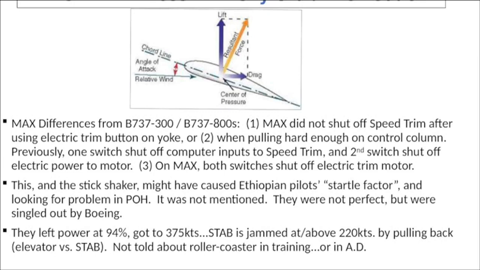In the training for the 737-200, back in the day, the manual used to have a section about the roller coaster maneuver. Because if the stab gets out of trim and it becomes jammed, you need to actually put the nose down with the control column to relieve this load on it. Manually trim it if you can, and then you pull up again.